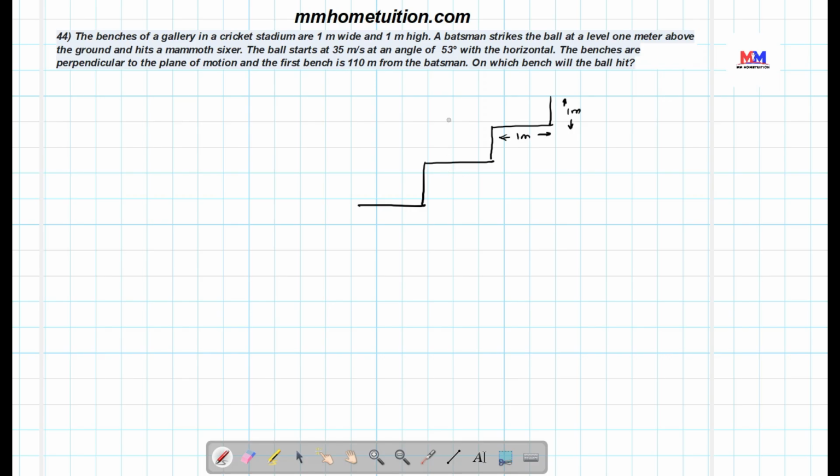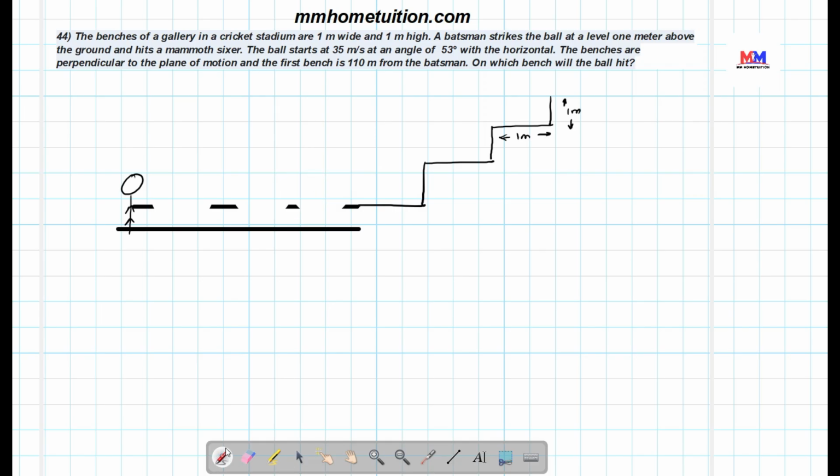A batsman strikes a ball at a level of 1 meter above the ground. So here the batsman is there, and the batsman strikes a ball 1 meter above the ground.